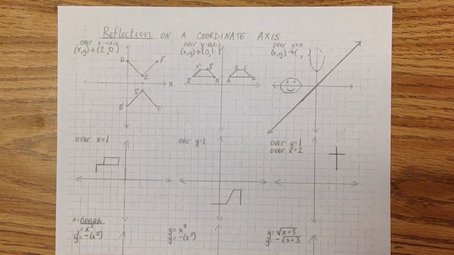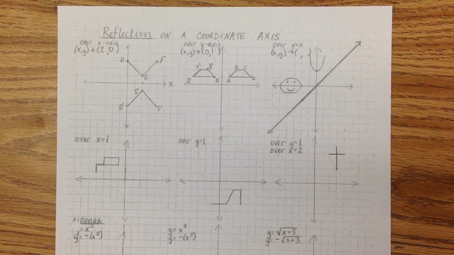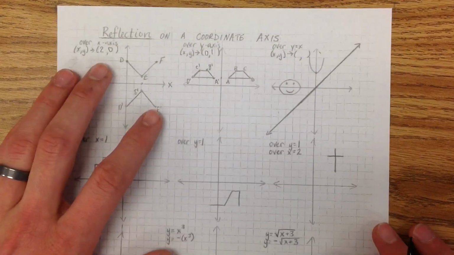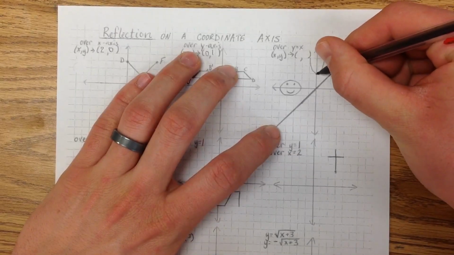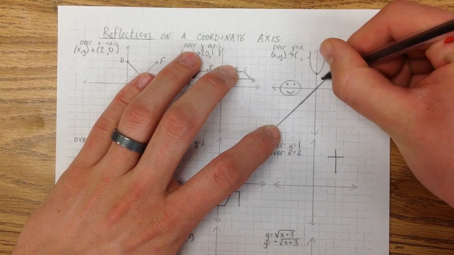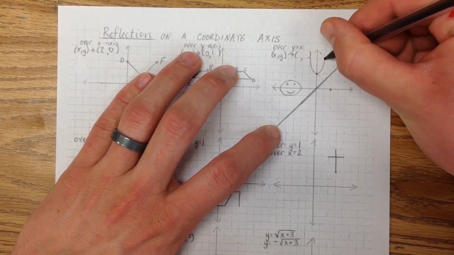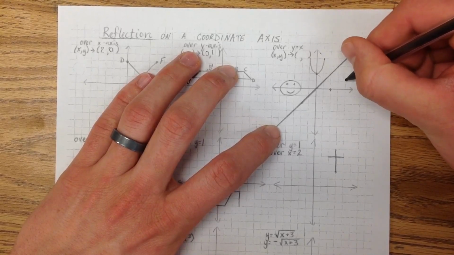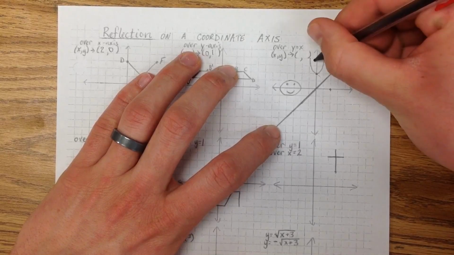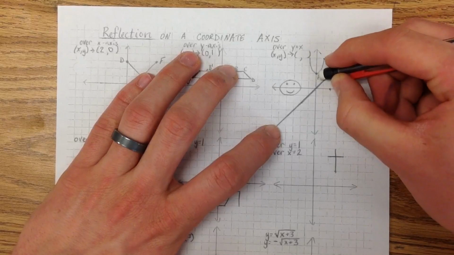Over the line y equals x, so now that's along this. So this is a little different. Let's start with this one. It's diagonally 1 away, so it's diagonally 1 away. This point right here is diagonally 1.5 away, so I go half 1 away. So I can call that A, not A prime.